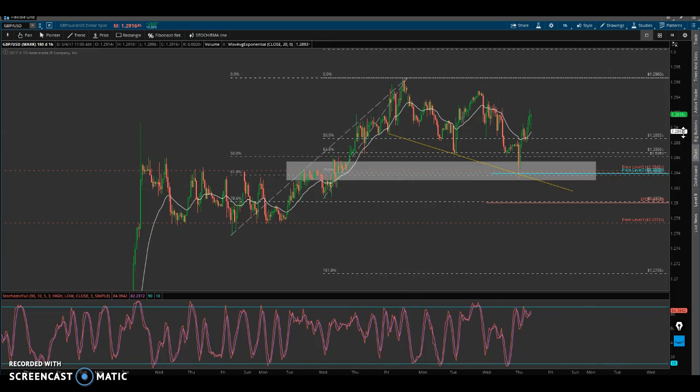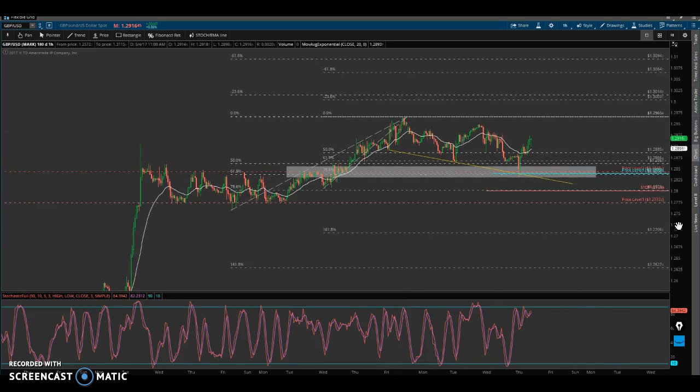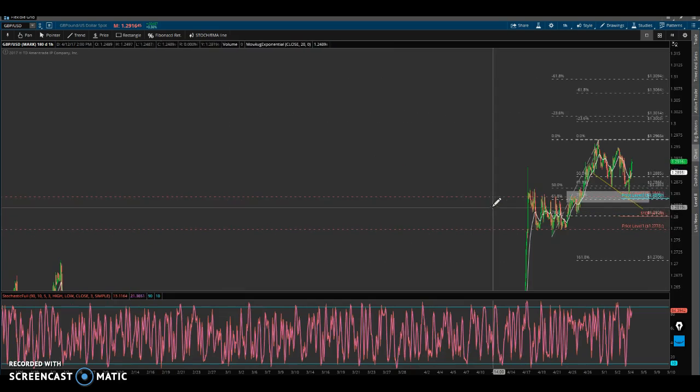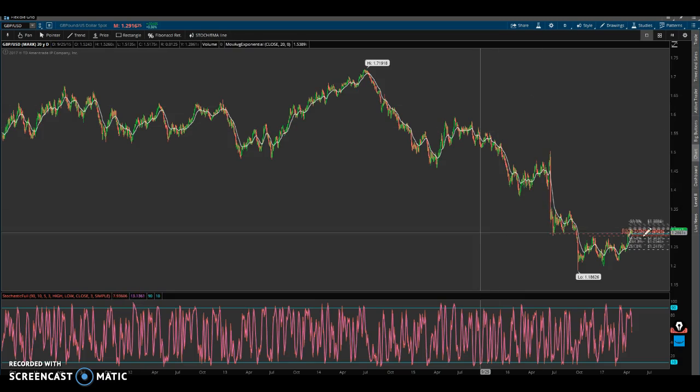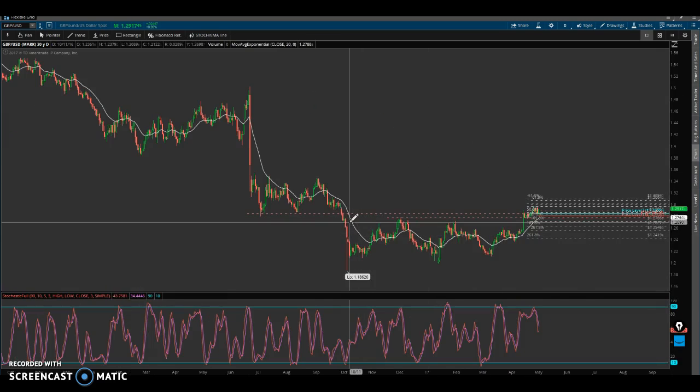Target wise, obviously, I have some longer term targets up on the daily chart, but I didn't really want to swing trade this. I'm not too sure that it's finished consolidating.